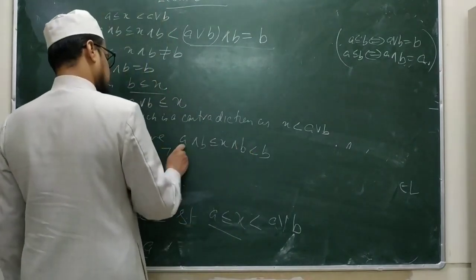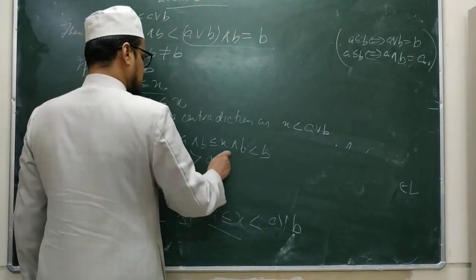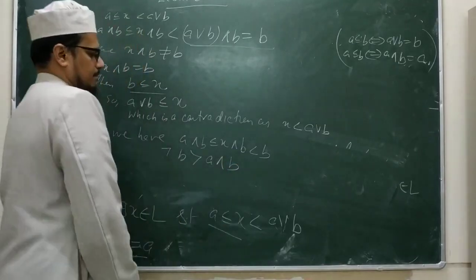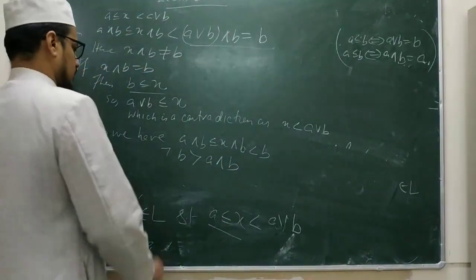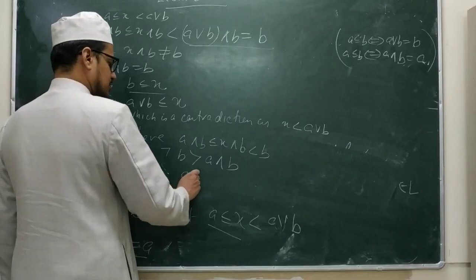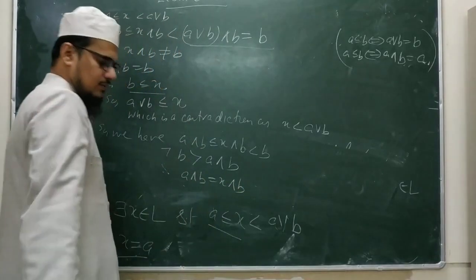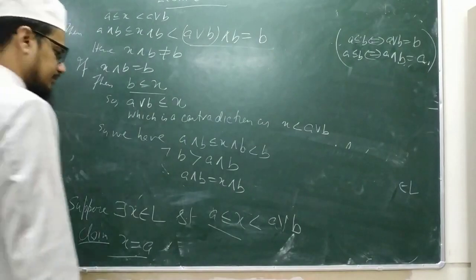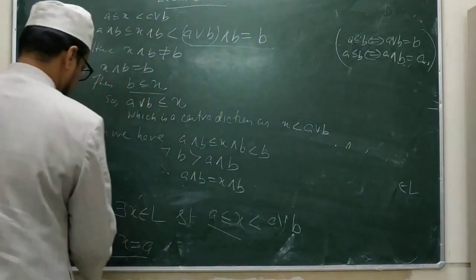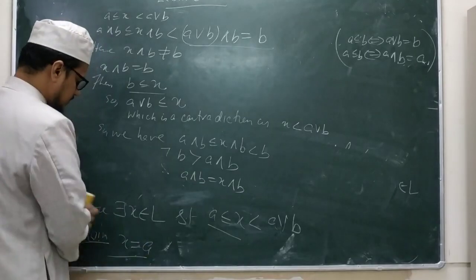And since B covers A meet B, therefore A meet B is equal to X meet B, correct? Now remember our claim is that X is equal to A.